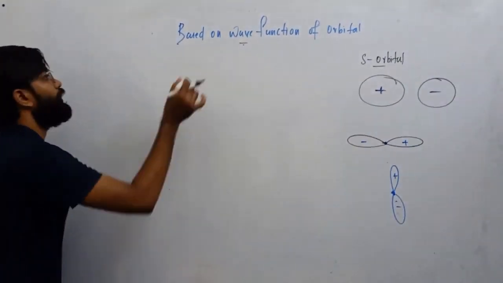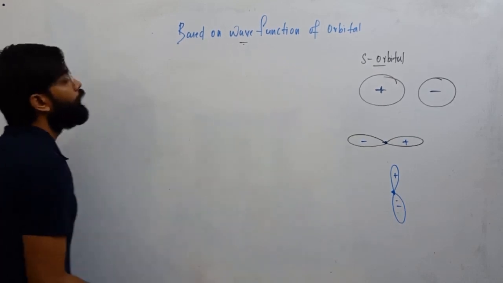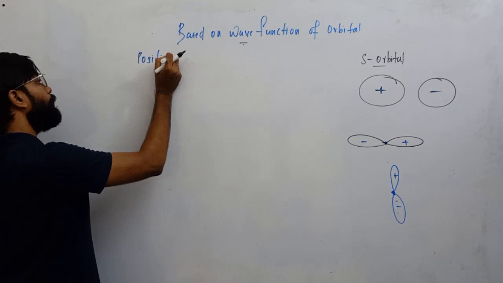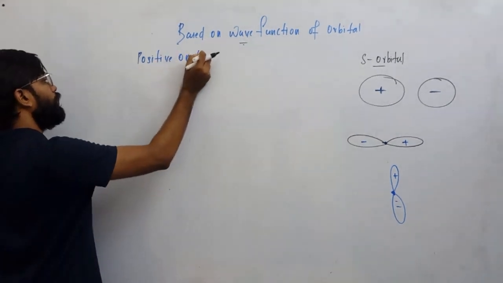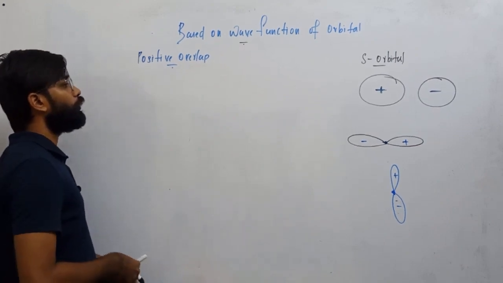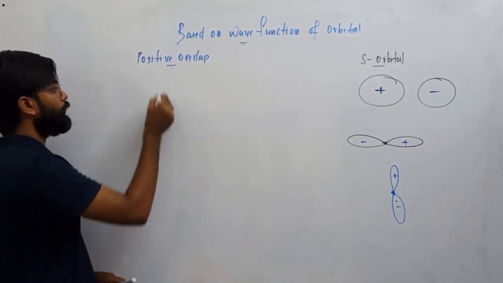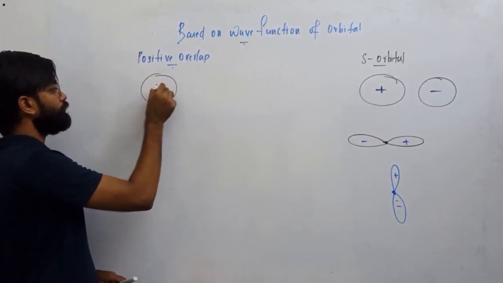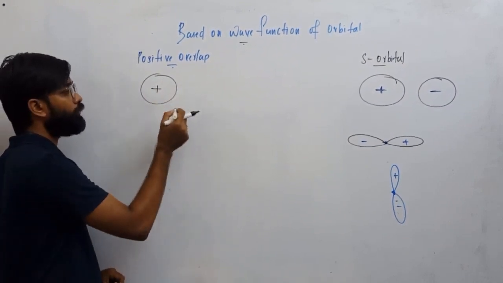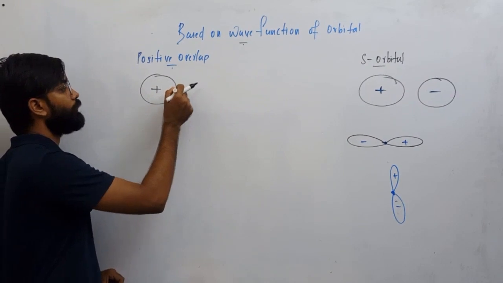Okay. So based on this sign convention, the overlapping may be of three different types. It's very easy. First, a positive overlap. Positive overlap means overlapping between two similar lobes. For example, let the s orbital have a positive designation.